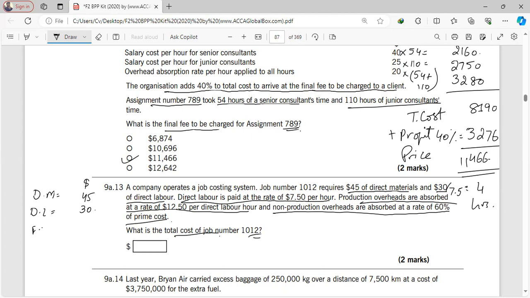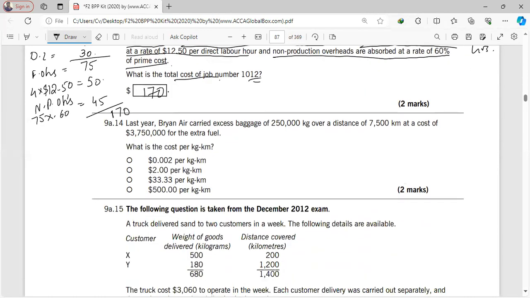To calculate production overheads, 4 is multiplied by the OAR of 12.5, which is 50. Then non-production overheads are 60% of the prime cost. Prime cost is 75, so 75 into 60% is 45. Add all these three costs and you get the answer 170. 170 is the total cost. Any question?